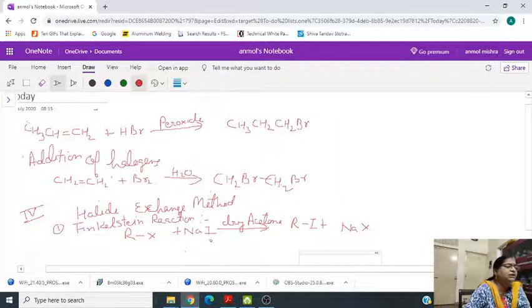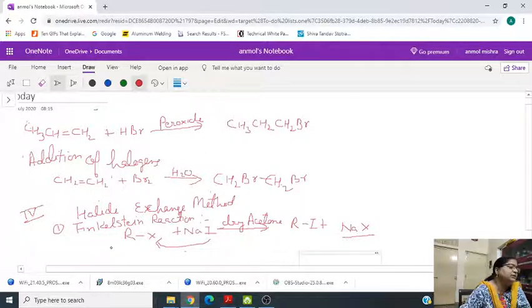So, you can see here that exchange of halogen has taken place. The function of dry acetone is to precipitate the NaX formed here, that is NaCl or NaBr.